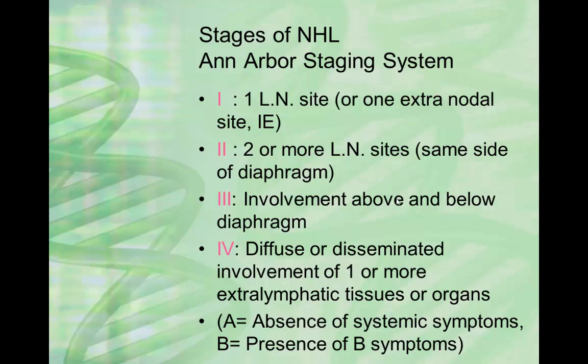If you have involvement above or below the diaphragm, for example, one node in the cervical area and one node in the pubic area, that's stage 3. And if you have this diffuse or disseminated involvement of one or more extra lymphatic tissue or organs, it's stage 4. This is basically metastasis.